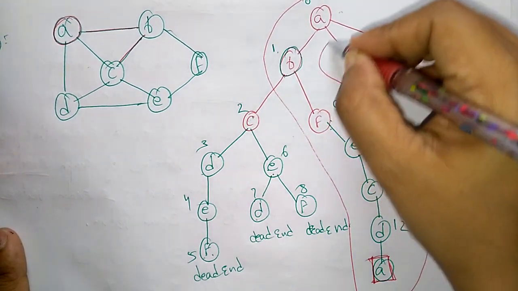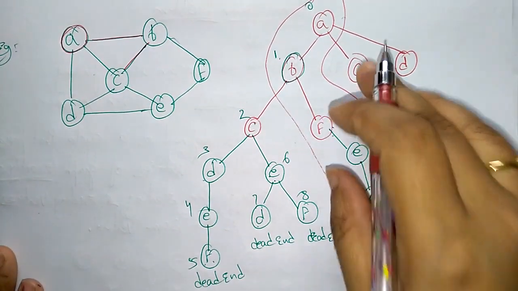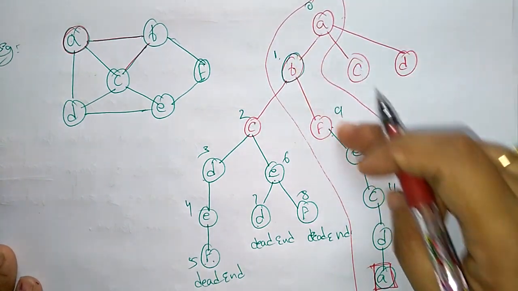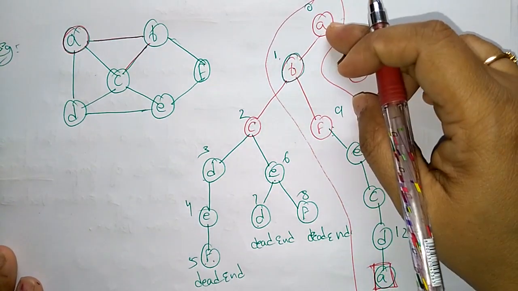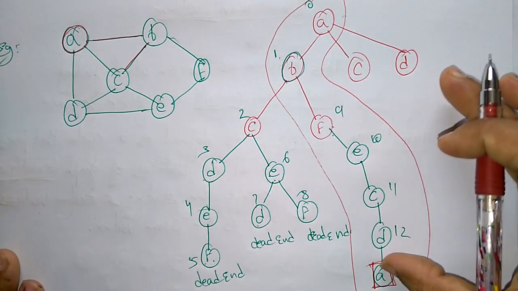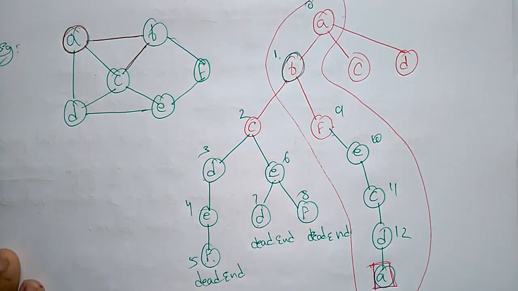The concept of the Hamiltonian circuit is that we have to visit all the vertices of the graph exactly once, except the starting and ending vertex, which should be the same vertex.